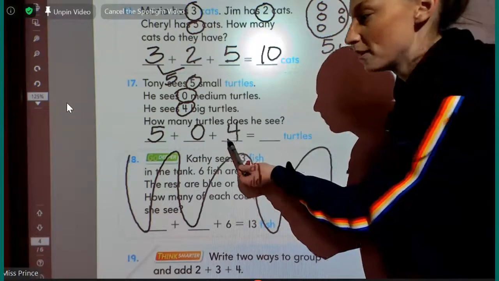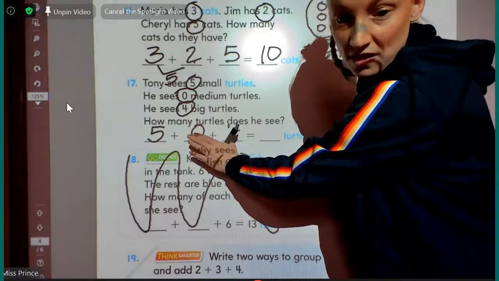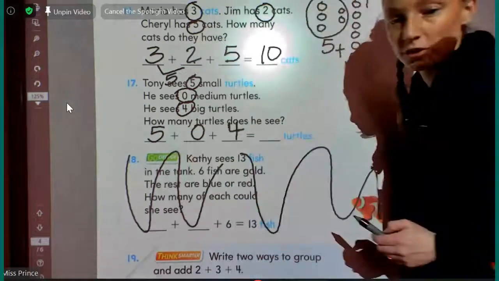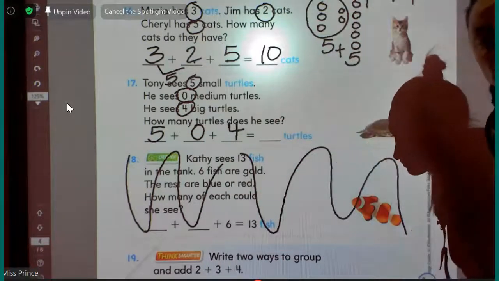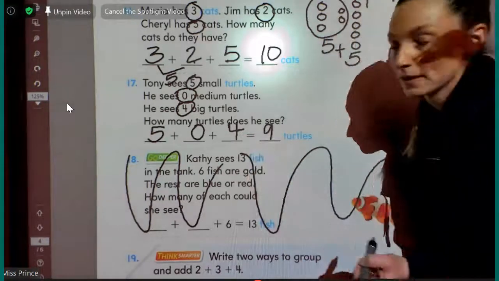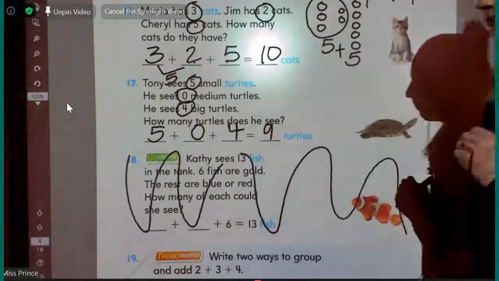Good job. We don't have to do anything with that 0 because it's just not there. There's nothing there. So, do you know 5 plus 4, Zayden? 9. Nice job. That was really quick. 5 plus 4 is 9. We didn't have to do anything with that 0.